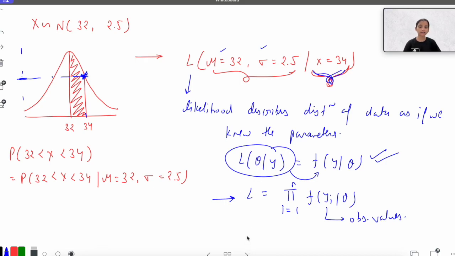So that's what the likelihood does. It compares the parameter values. Okay, I think that will be clear, that you can just remember it like this. When you're calculating the probability, probability is the data given that you know the distribution, and likelihood is the distribution given that you know the data. Okay.